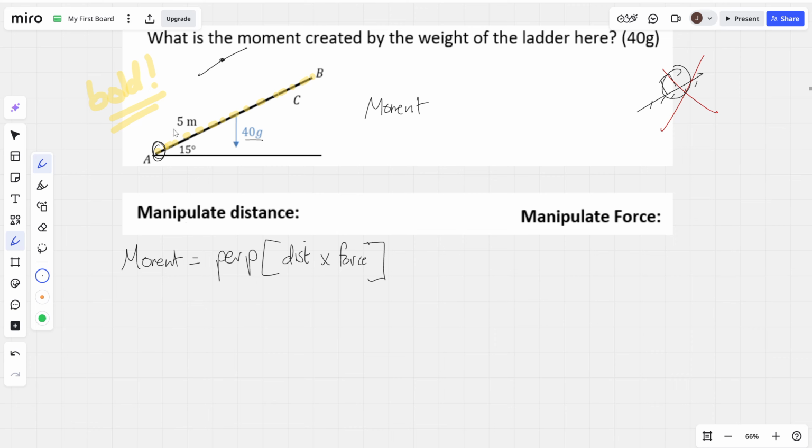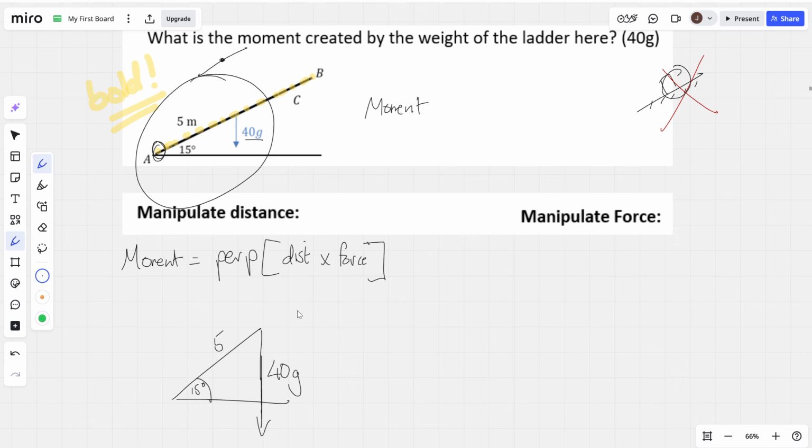So what I'm going to do is redraw this with just the key information involved. I've got 15 degrees. I've got 5, the distance, 5 meters. And this 40G, what I'm going to do is extend the arrow down. So I'm going to write it now as 40G.